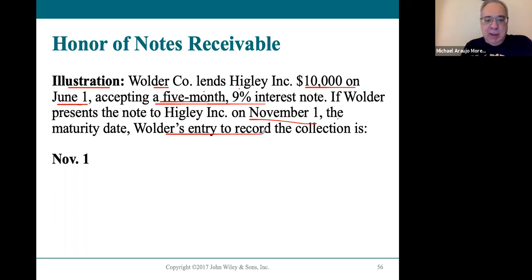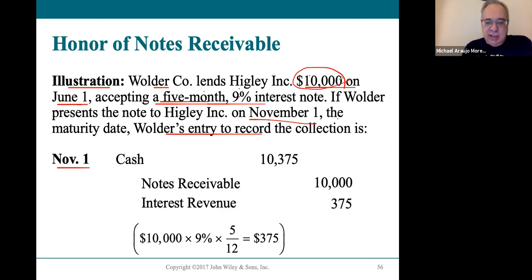What's going to happen on the maturity date is they're going to be collecting the $10,000 and the interest on that $10,000 all at the same time in November. So in this case, they're going to collect $10,375. The $10,000 is the note, so note receivable has been paid.